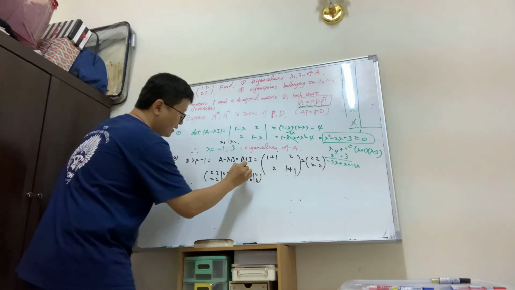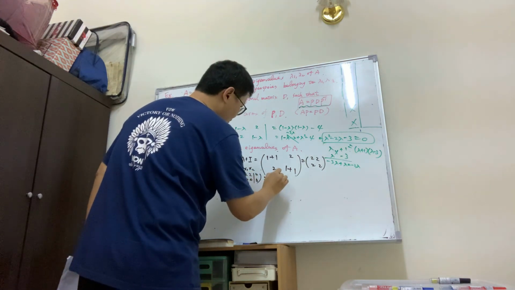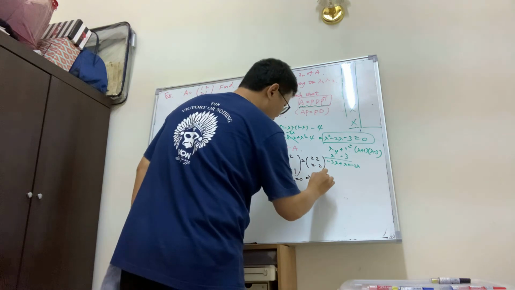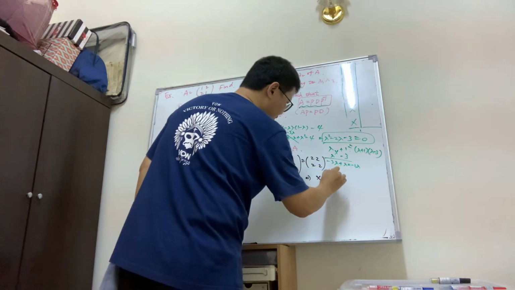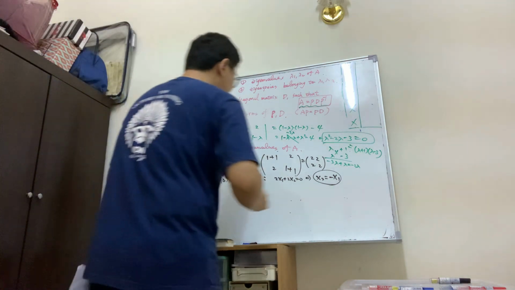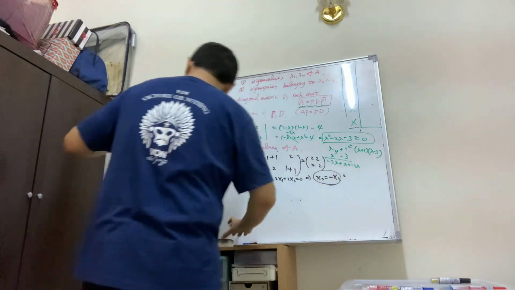With x1, x2, it satisfies 2x1 plus 2x2 equals 0, so x2 equals -x1. What can we say?